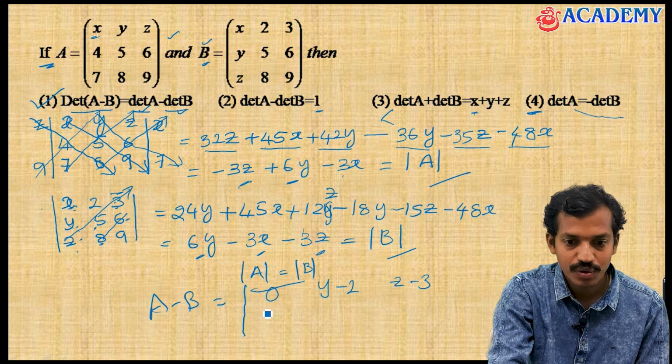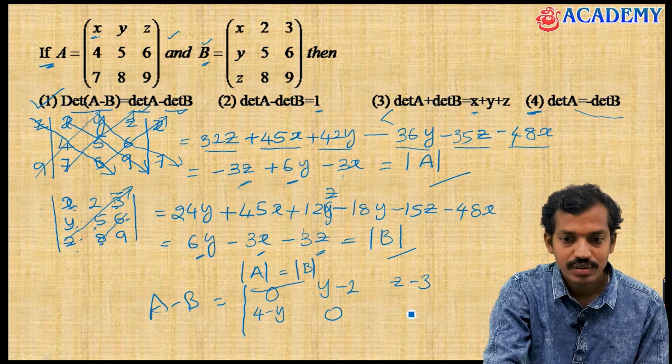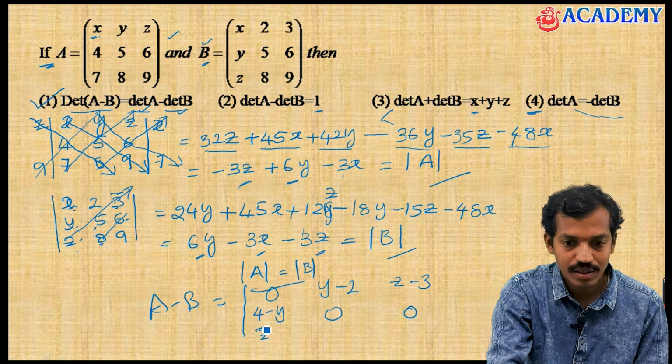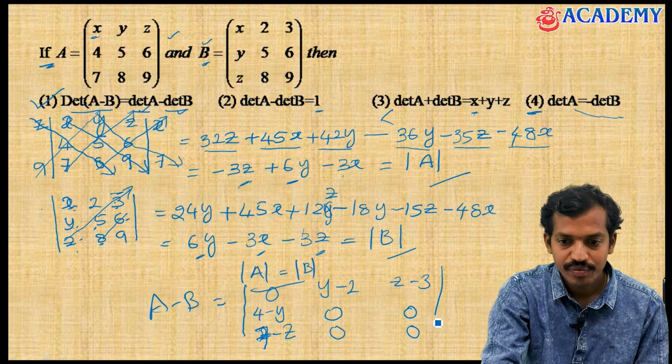Next, 4 minus y. Next, 5 minus 5 is 0. Next, 6 minus 6 is 0. Next, 7 minus z. Next, 8 minus 8 is 0, 9 minus 9 is 0.